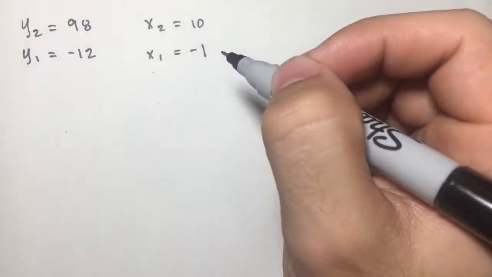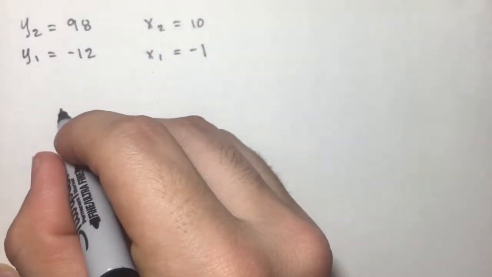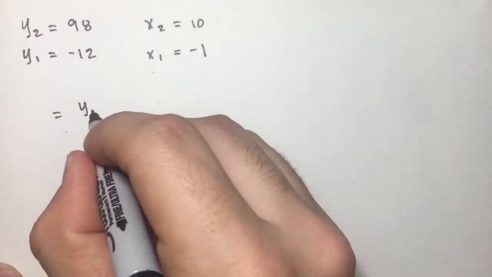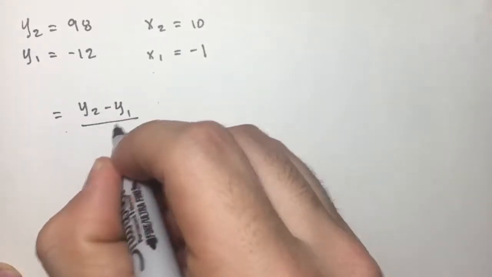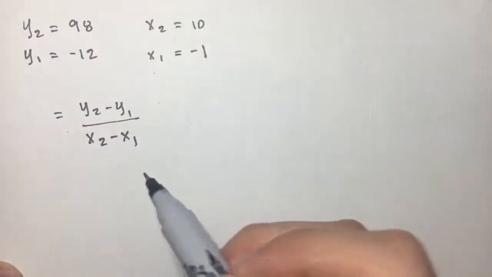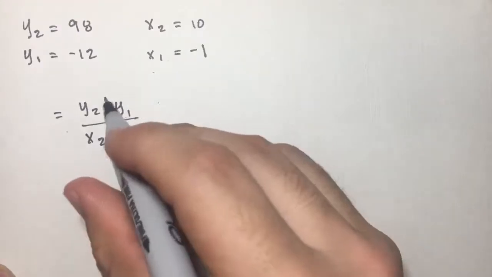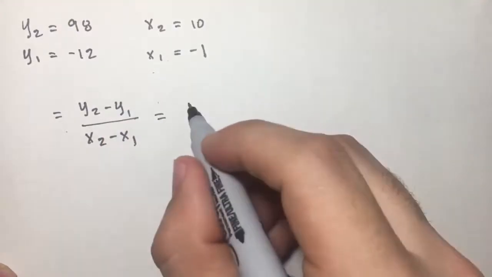Alright, with these values, we can actually find a rate of change using this formula, y2 minus y1 over x2 minus x1. You probably remember this.